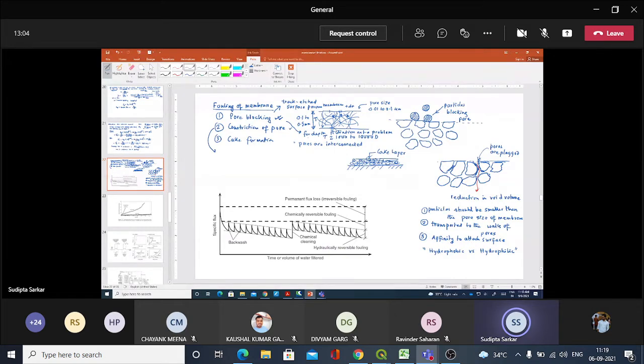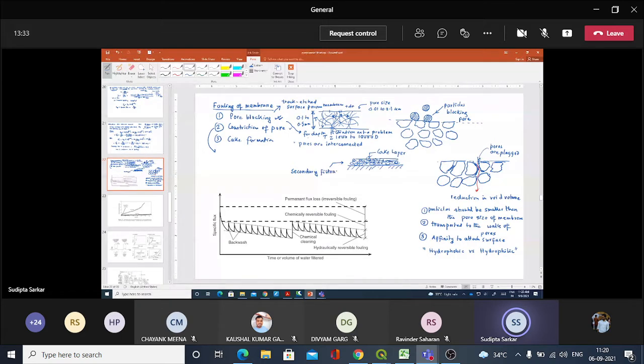Now see that the third way is the formation of the cake layer. Cake layer formation is also something which is good in the sense that the cake layer sometimes acts like a secondary filtration layer, right? Why?